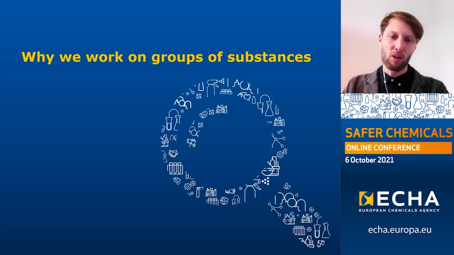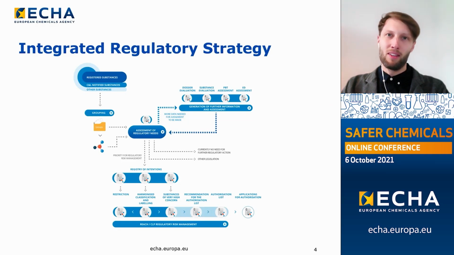So why do we work on groups of substances? This is a rather complex picture, but I'm showing this because it shows very nicely how we have set up the machinery of the REACH and CLP processes in ECHA. It also shows you the very central role that our work on groups plays in these processes.